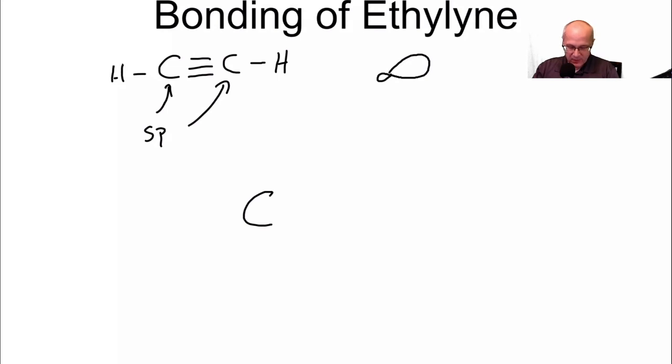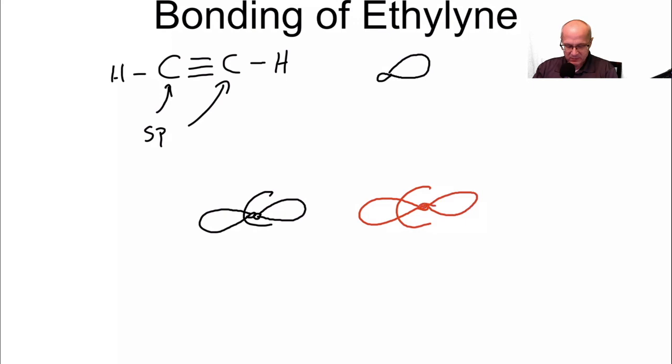Let's make it red. Here's one of my sp orbitals, and here's the other one. A lot of times I leave out the little nubby thing. It's kind of a bad habit I've gotten into. It has to be there, but sometimes it just gets messy.